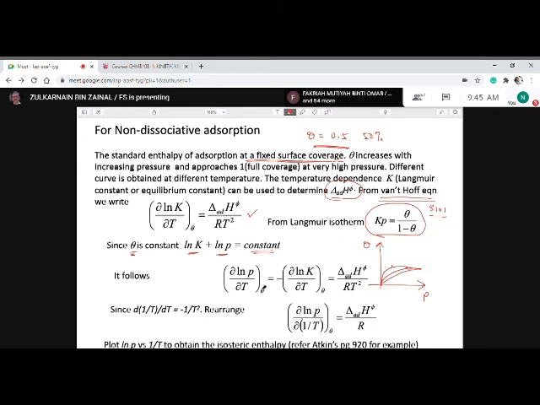So then we can rewrite this equation into this form, right? So we have d ln P over dT is equal to negative d ln K over dT, and this is also negative, because d ln K over dT is equal to delta H over RT squared. So we have been able to relate the d ln P over dT with the delta H, right?